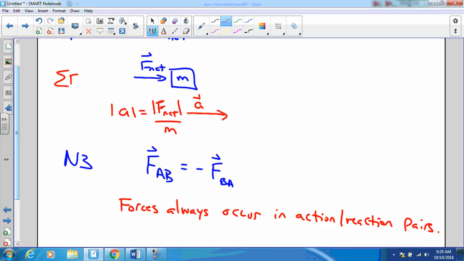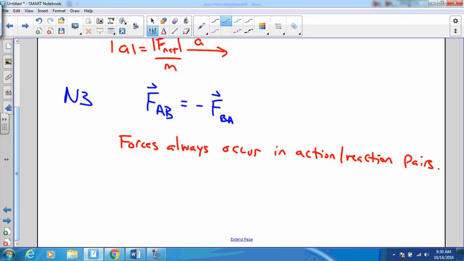But the way I prefer to write F net is the sum of forces, and you'll see me do that a lot. Look at this quantity and think of it as taking all of our forces acting on the object and just lumping them into one net force.